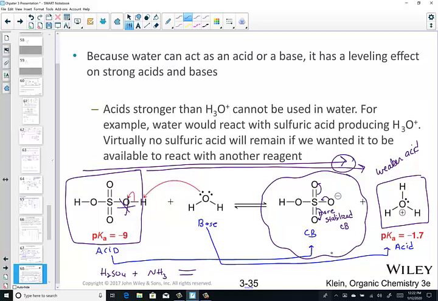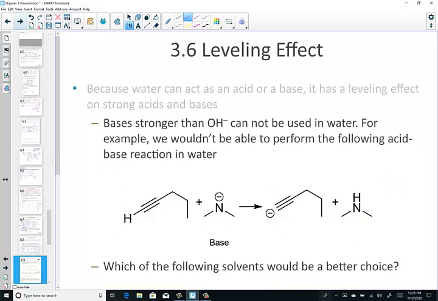So when I select a solvent, I want to consider the strength of that solvent to make sure it doesn't consume the acid or the base. I want it to keep the equilibrium to the left so that that molecule is not destroyed by the presence of the solvent. And you can consider these as well, bases. Any base stronger than hydroxide cannot be used in water because, for example, we wouldn't be able to perform the following acid-base reaction.